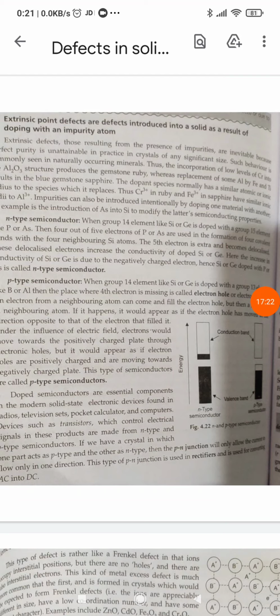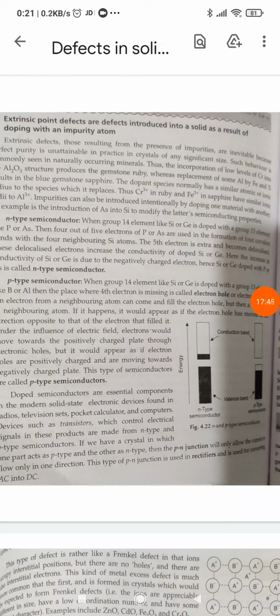This delocalized electron increases the conductivity of doped silicon or germanium. Here the increase in the conductivity is due to negatively charged electrons. Hence silicon or germanium doped with phosphorus or arsenic is called an n-type semiconductor.